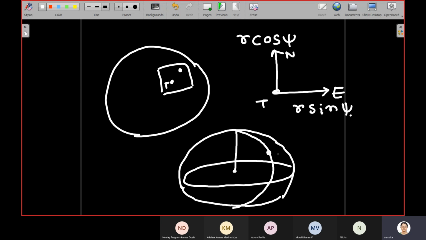So this is where the transmitter is. So this distance we found. So this distance R cos psi is this. Correct? This is R cos psi.